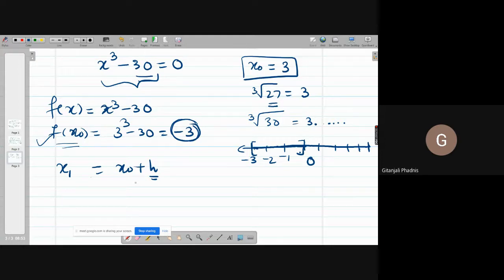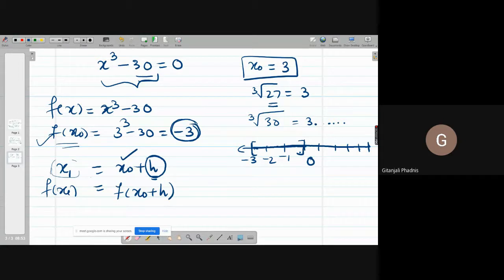Okay, so what will be f of x1? It is f of x naught plus h. Yes or no? And do you know what is h? You don't know. You know what is x naught because you are taking it. You want to find out the value of h, and I want to write x1 in terms of what I know.